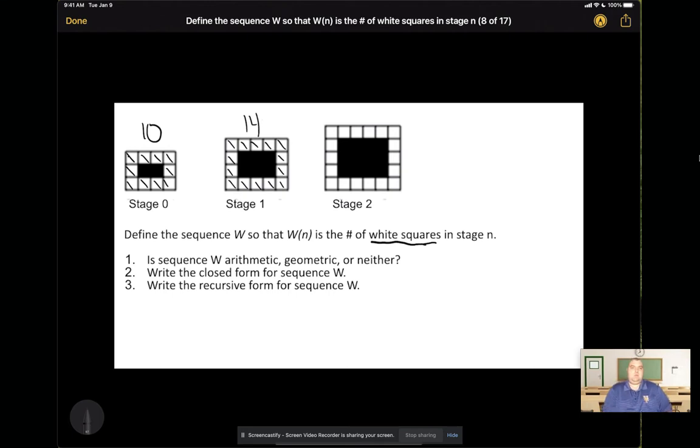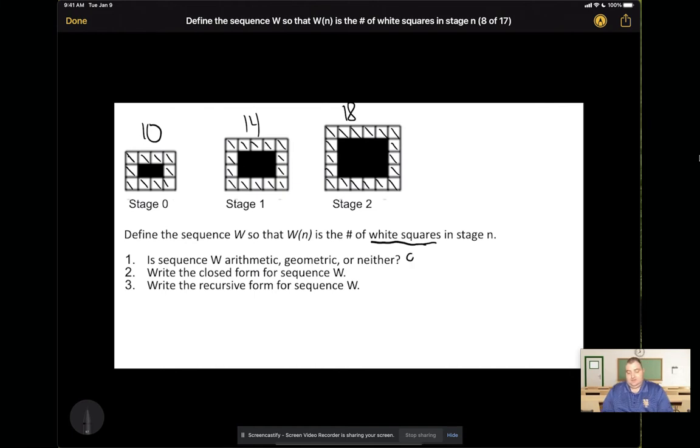So 14 white squares for term 1. And then term 2, stage 2, 1, 2, 3, 4, 5, 6, 7, 8, 9, 10, 11, 12, 13, 14, 15, 16, 17, 18. So my first 3 terms are 10, 14, and 18.